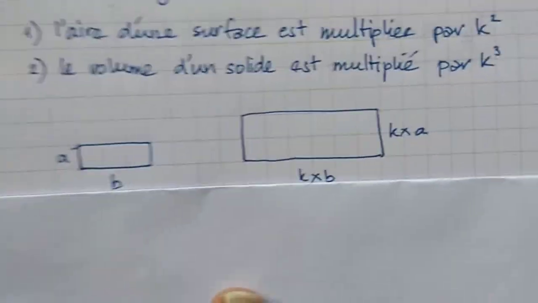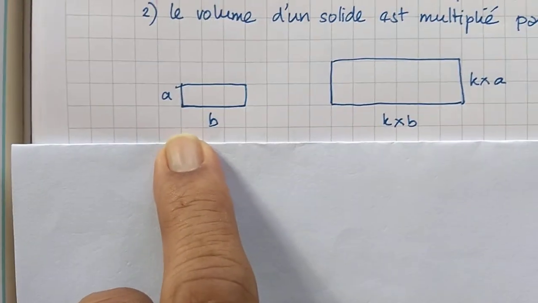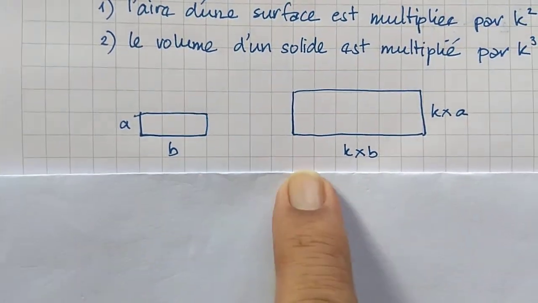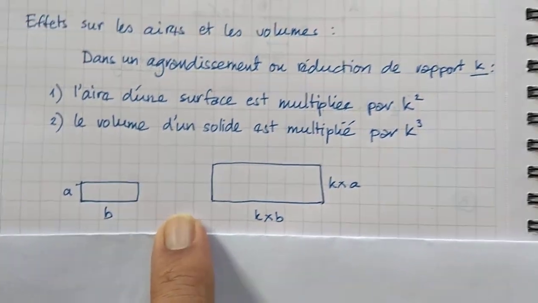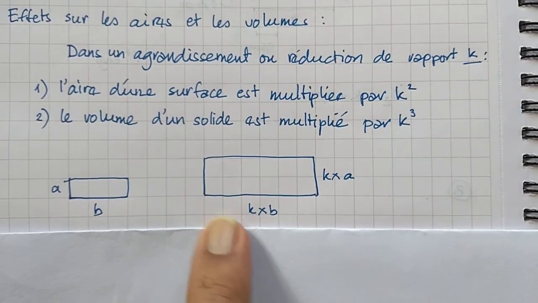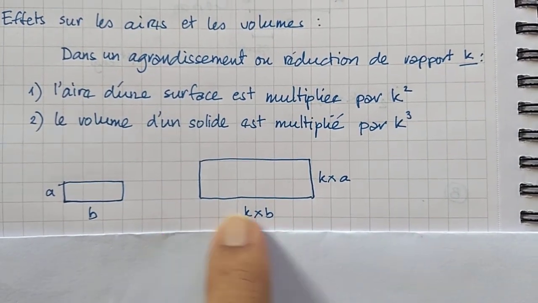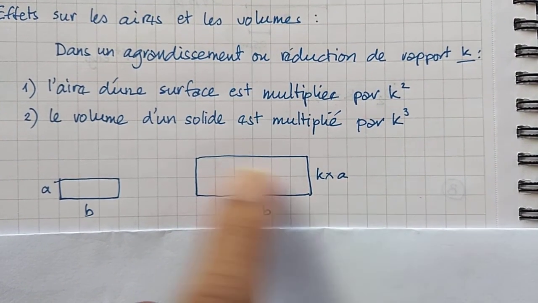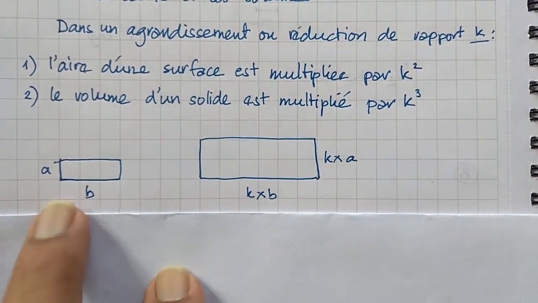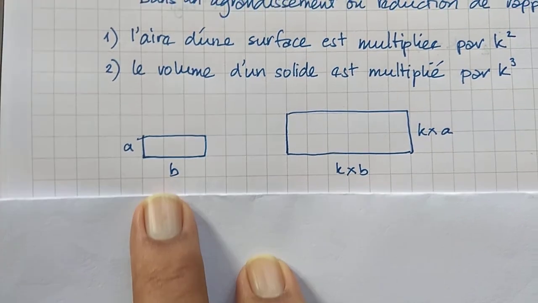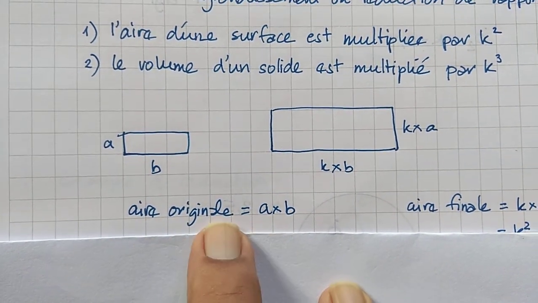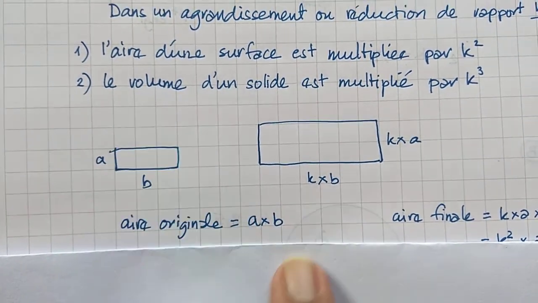Let's take an example. I have a rectangle, one side a, one side b. Let's enlarge this by a factor of k. So this side will become k times b, that side will become k times a. What is the area of this rectangle? Area is a times b, A original. I wrote original to mean the original figure.